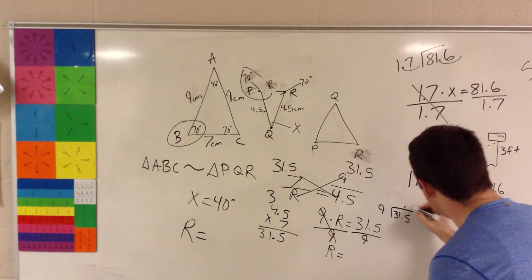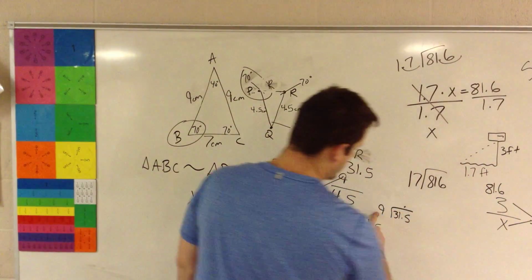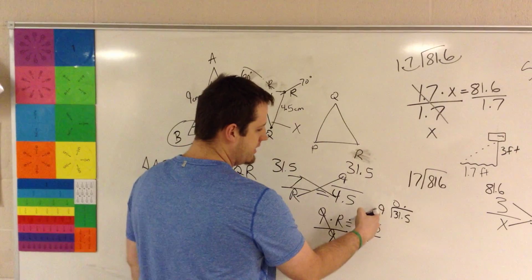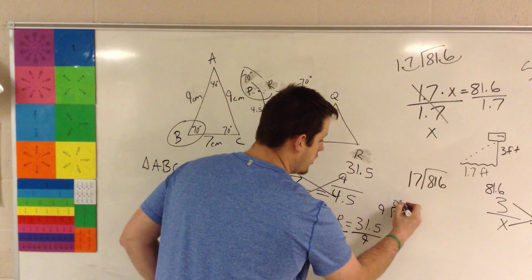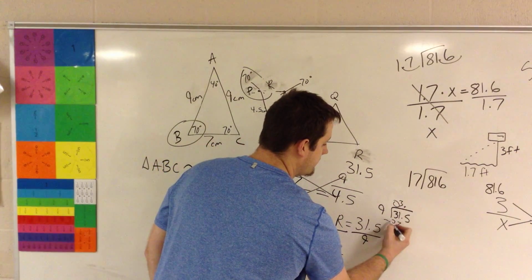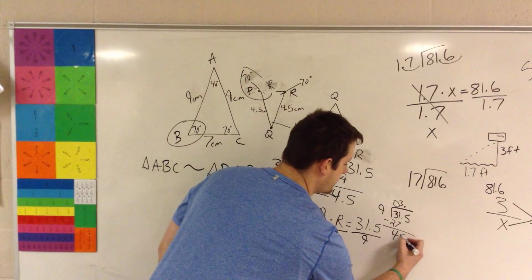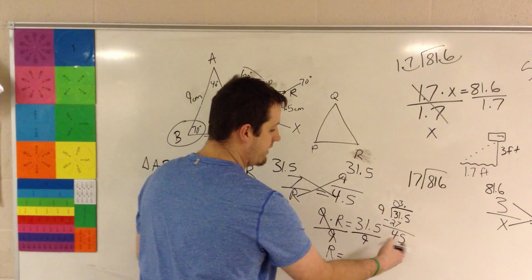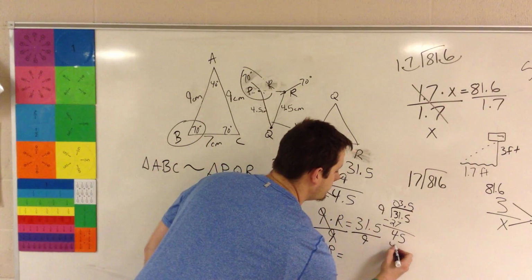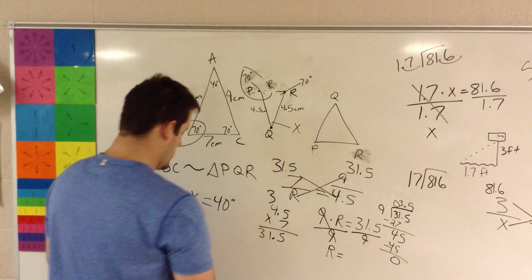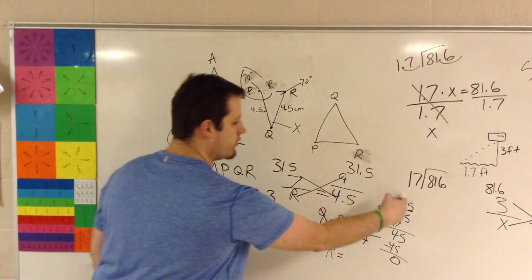It needs to go straight up. So 9 fits into 31. It doesn't fit into 3, does it? So I'll put a 0. 9 fits into 31 3 times. That's 27. Subtract and get a 4. Bring down the 5. 9 goes into 45 5 times. So what is my R? 3.5.